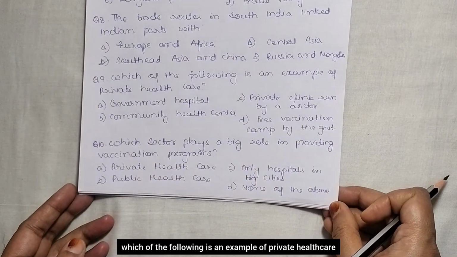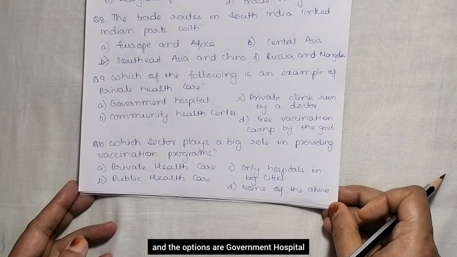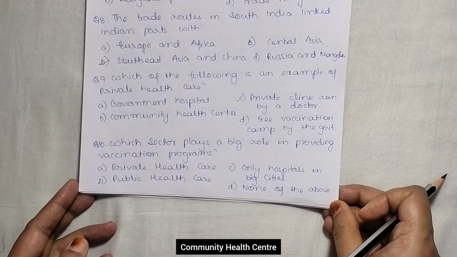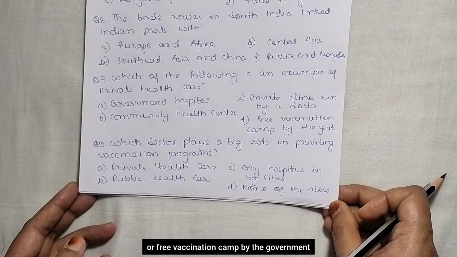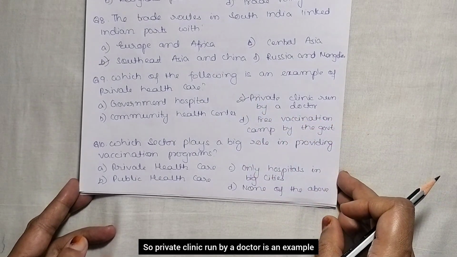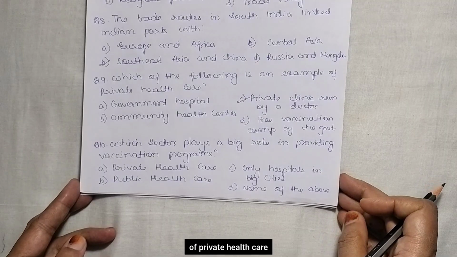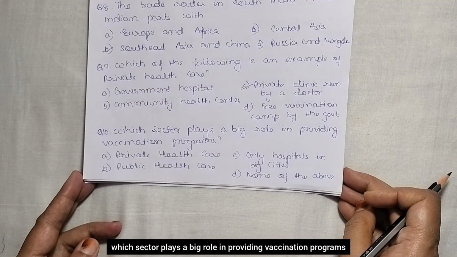Next, which of the following is an example of private healthcare? The options are government hospital, community health center, private clinic run by a doctor, or free vaccination camp by the government. So private clinic run by a doctor is an example of private healthcare. And the last MCQ is, which sector plays a big role in providing vaccination programs?